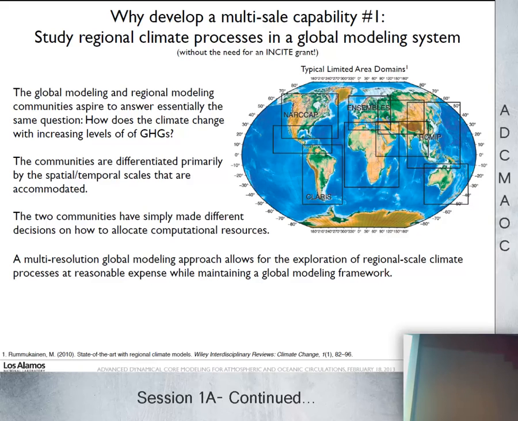And simulating the whole rest of the sphere is cheaper than having to store and read in your lateral boundary data. There's nothing worse for computer performance than having to read data off of disk. So not only is it, I think, theoretically a better approach to regional climate modeling, but it is actually also cheaper.